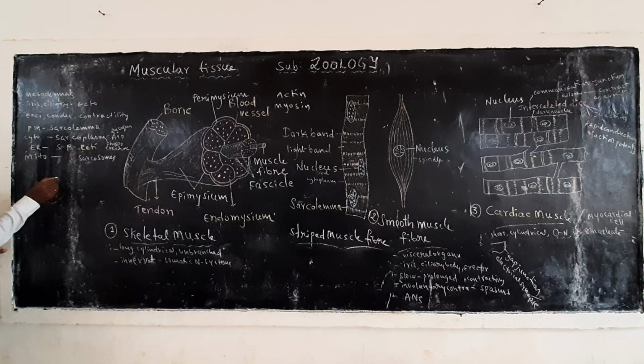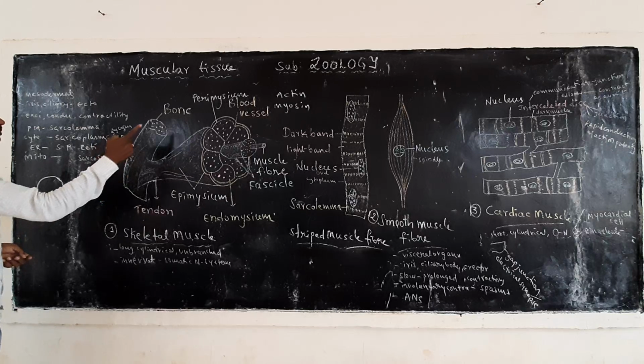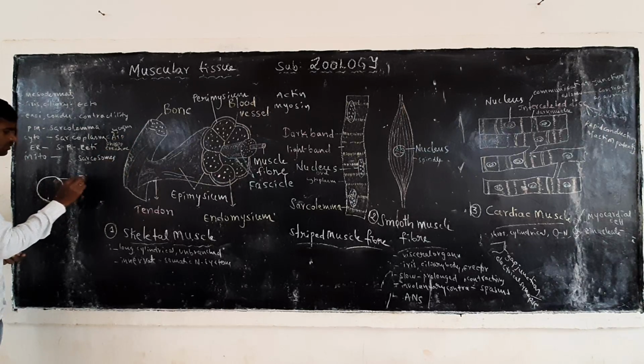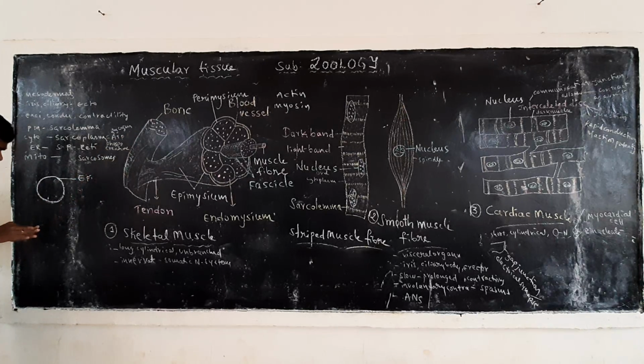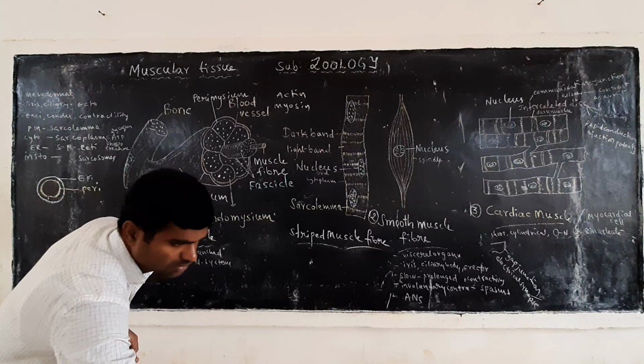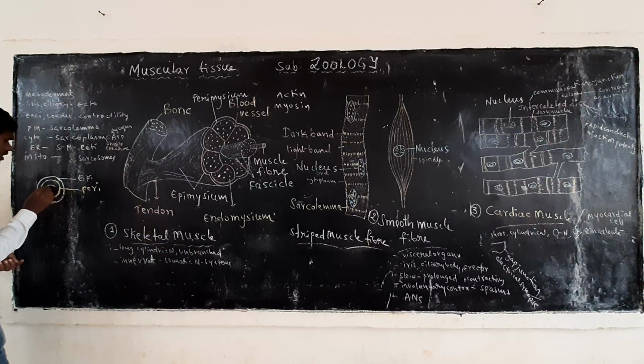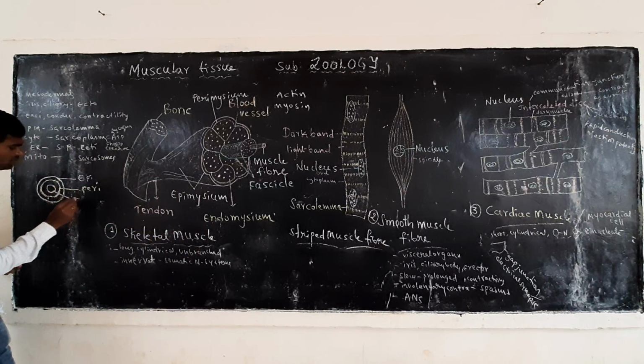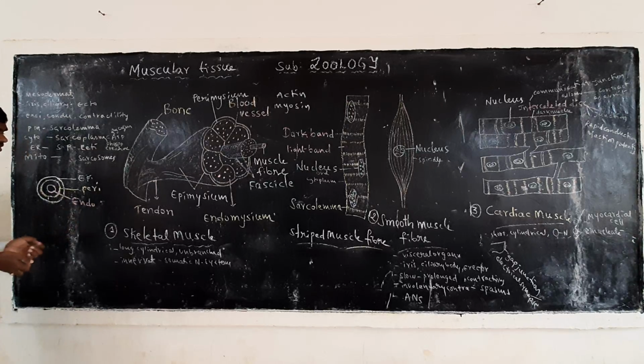Now, for example, this is the epimysium layer, the second layer is the perimysium layer, and the third, inner layer is the endomysium layer.